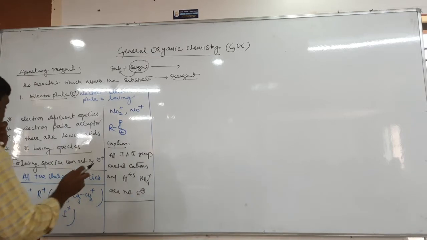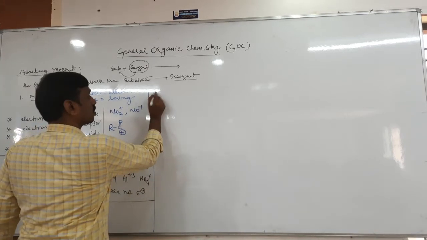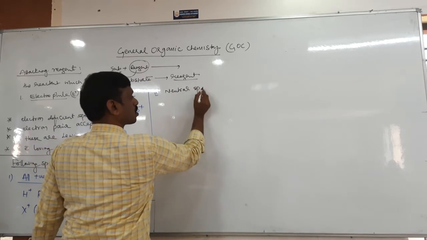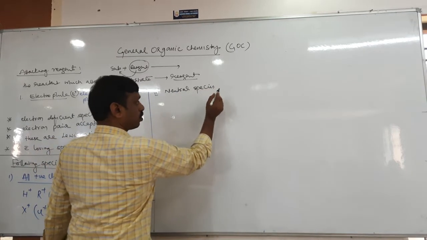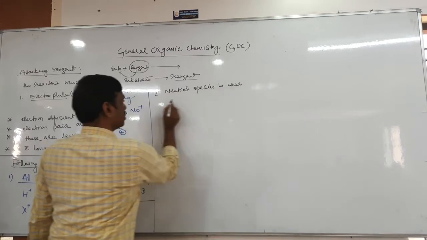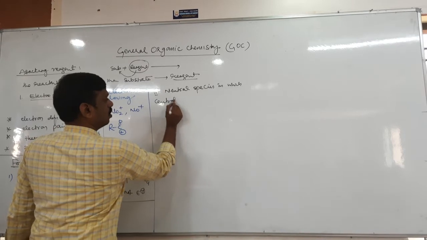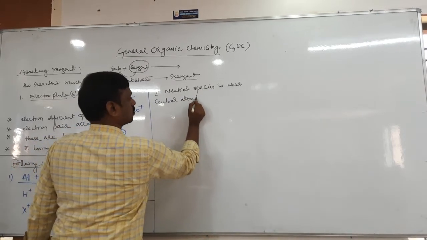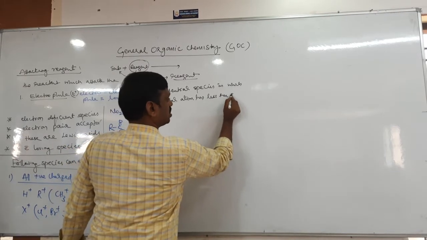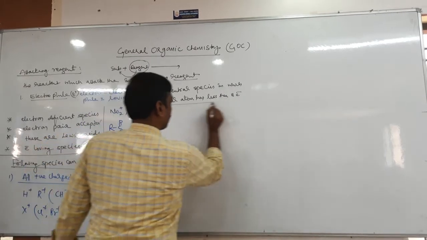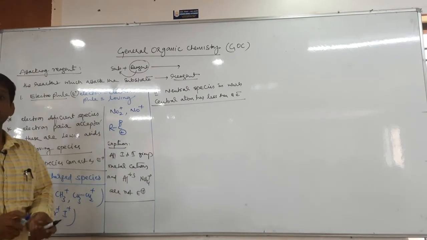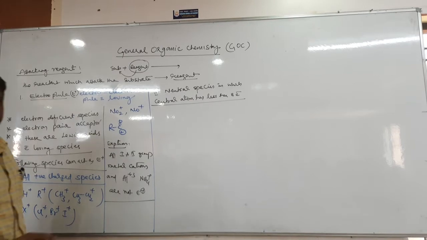So therefore, the second case is neutral species in which the central atom has less than 8 electrons, which is called less than octet.